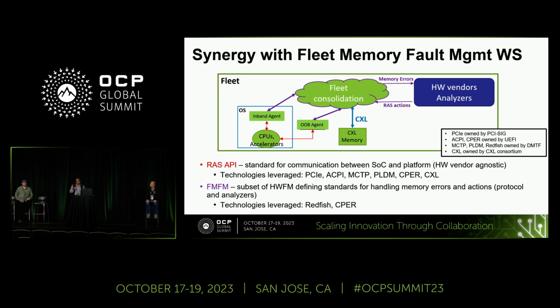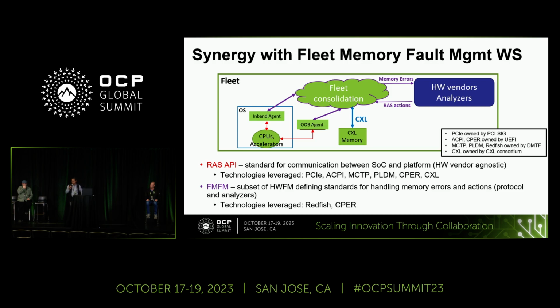From there, FMFM efforts take over, because from then on the interface is standardized under that effort, where we have standard log formats and logging requirements, which after fleet consolidation travel over to analyzers.